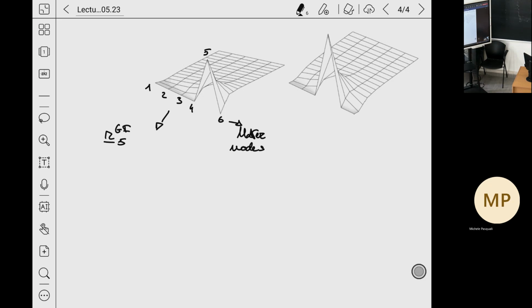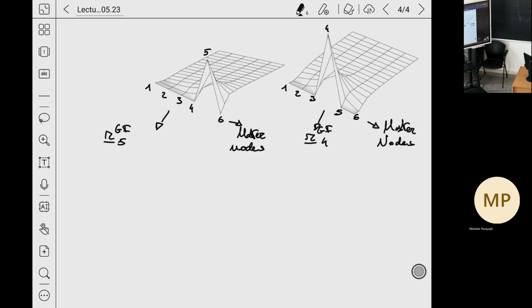Do you remember when we introduced the finite element method? We said that our vector in this series expansion should be 0 everywhere, but in the node of the correspondent coordinate, where it was equal to 1. And this is again the same. So here, for example, we have 1, 2, 3, 4, 5, and 6. These are the master nodes again. And this is again R for another coordinate.